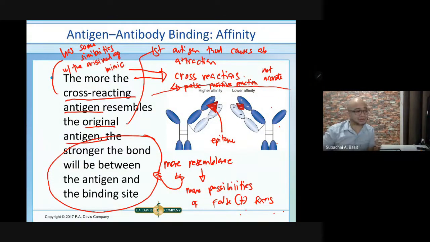Take note also that positive forces will attract negative forces. So if the epitope here is positively charged, then it will bind to the negatively charged FAB portion. In this case, if the epitope here is negatively charged, then it will bind with the positively charged portion of the FAB.